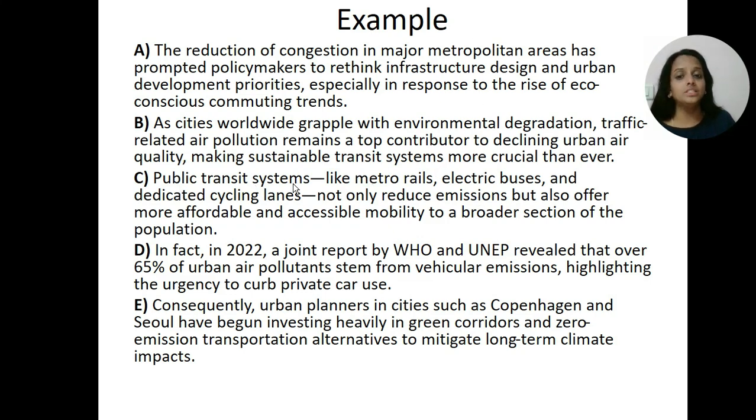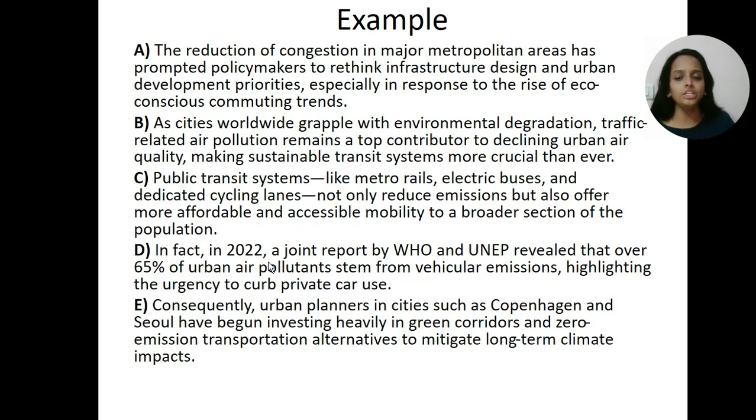Public transit systems like metro rails, electric buses, and dedicated cycling lanes not only reduce emissions but also offer more affordable and accessible mobility to a broader section of the population.